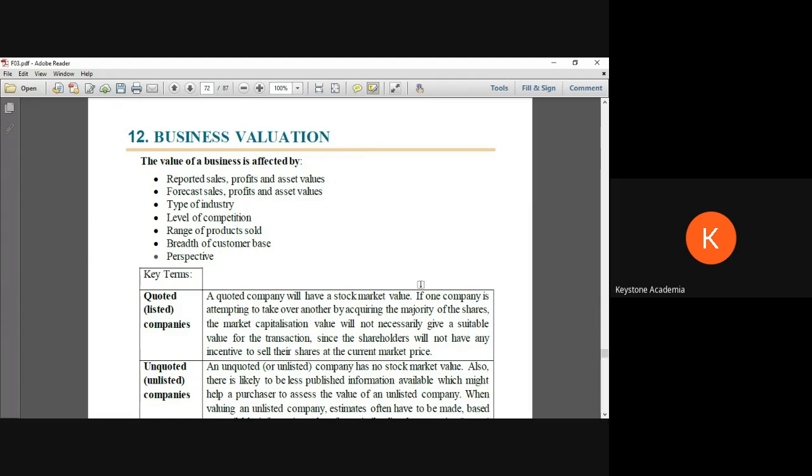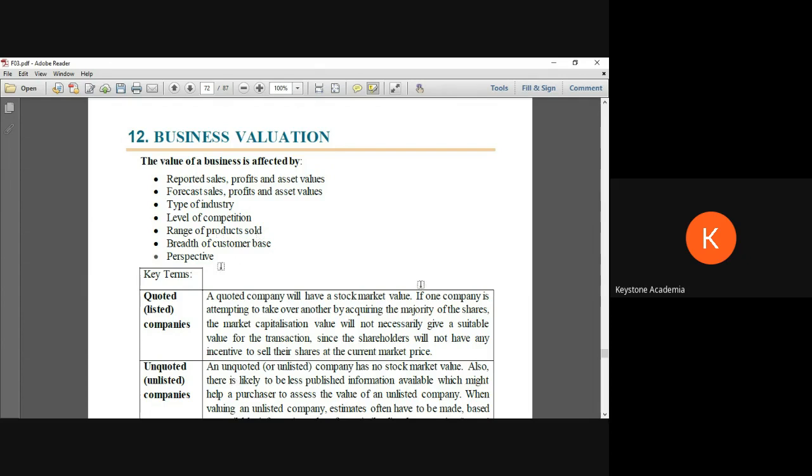Some of them they have given here, like reported sales and profits, future profits for the business, type of industry, whether the industry is growing or going down, the level of competition in the industry, range of products sold, as in are we focusing only on one or is our portfolio diversified, and breadth of customer base, because in certain industries getting that type of customer is very difficult.